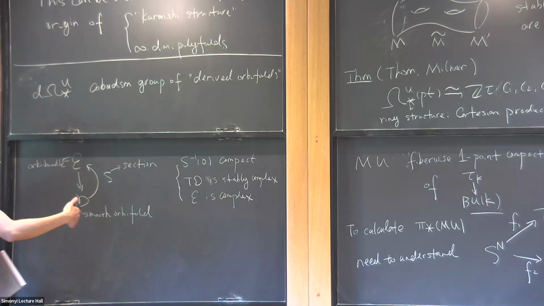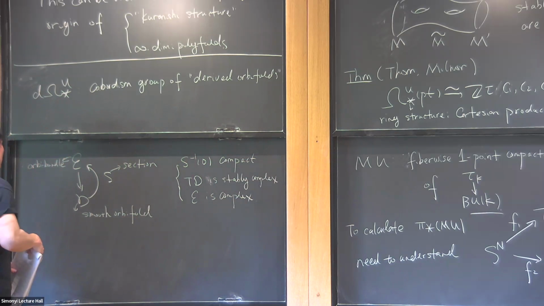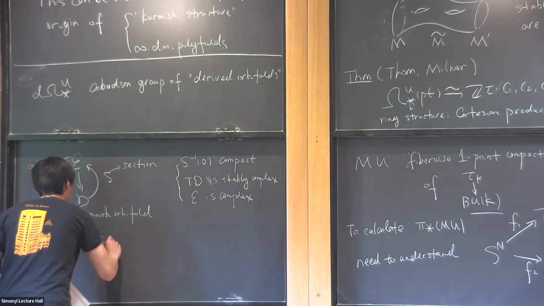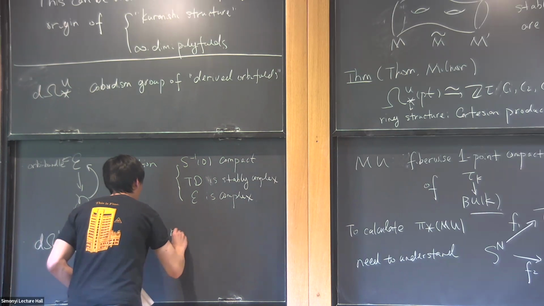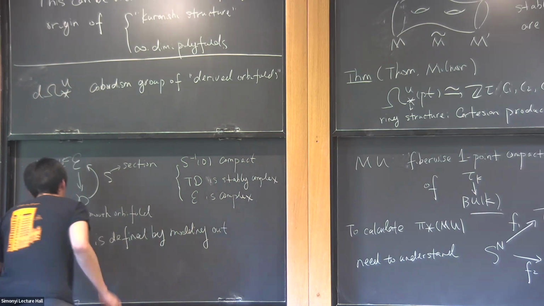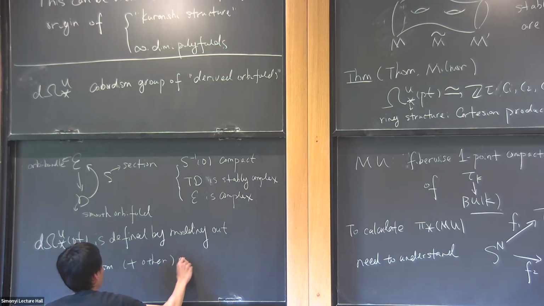To define this theory, we need to mod out by some kind of equivalence relation generated by cobordism and some other relations.